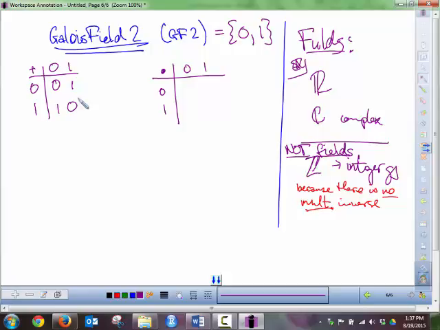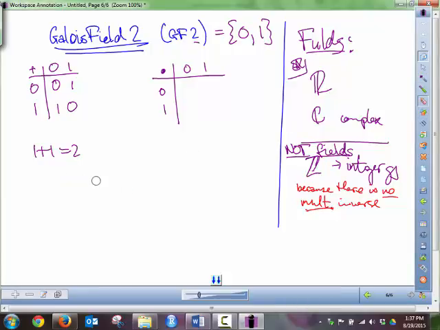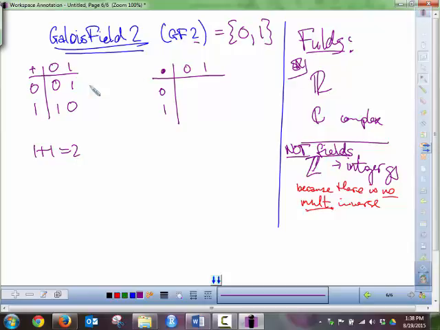Because when you take the sum of 1 and 1 and you get 2, and you divide 2 by the base, this is base 2, you have no remainder. Your remainder is 0. So this is all about remainders.